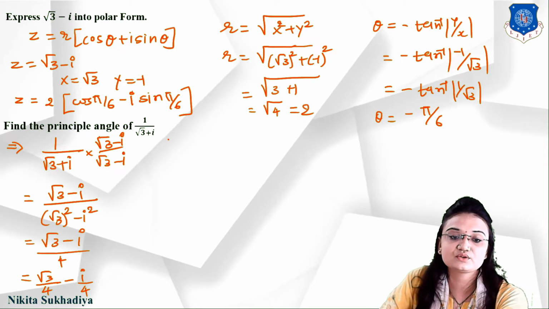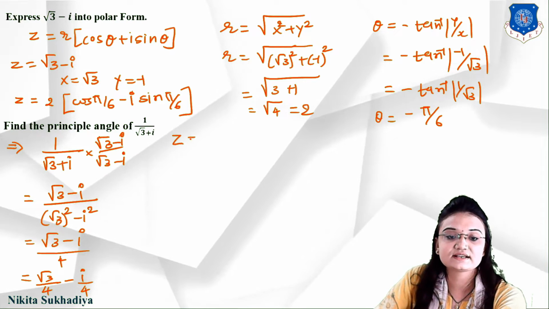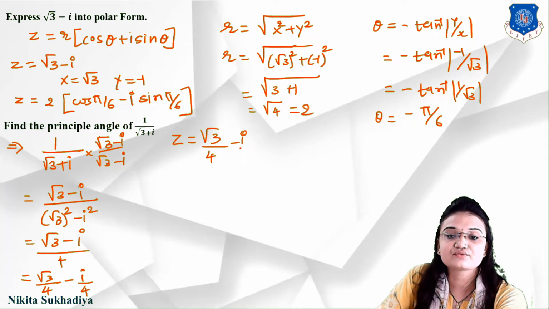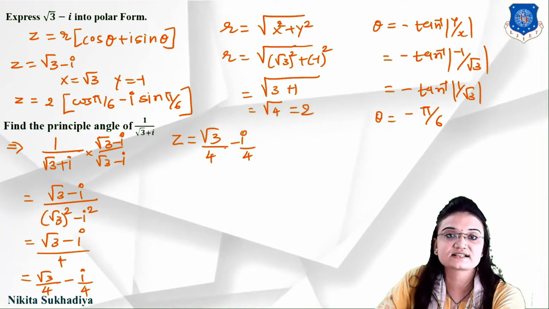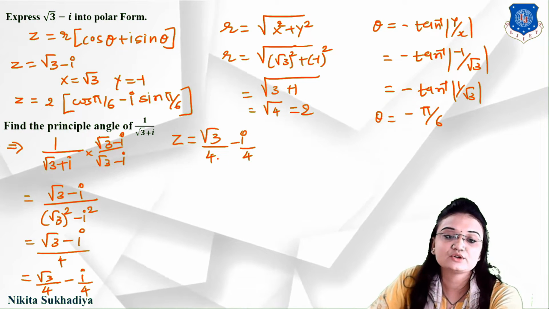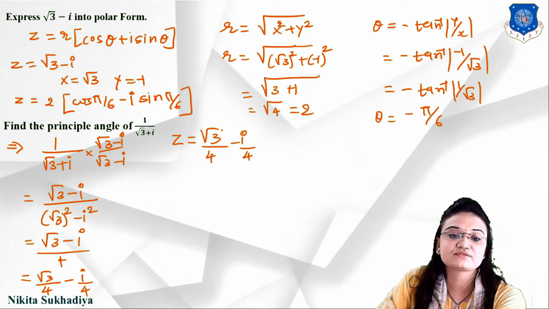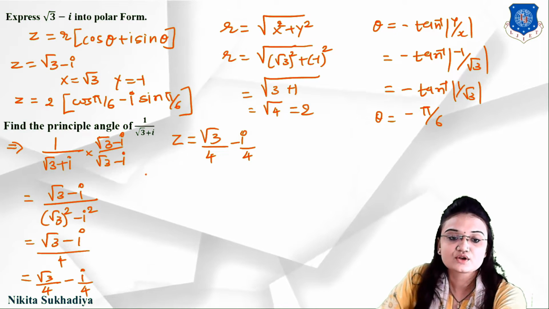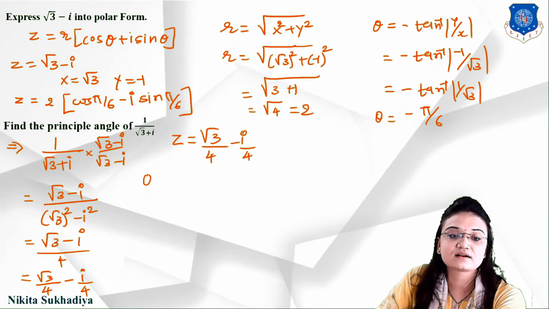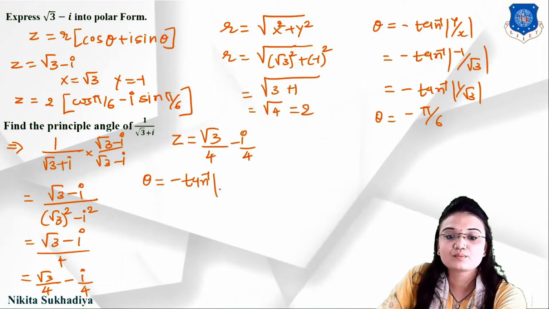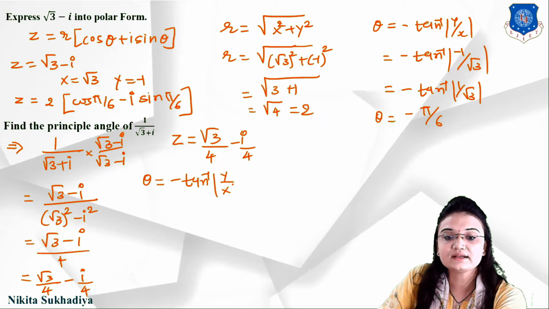Now you can clearly see that z is equal to root 3 by 4 minus i by 4. So x is equal to root 3 by 4 and y is equal to minus 1 by 4. This complex number is in the fourth quadrant, where x is positive and y is negative. So the principal angle theta is minus tan inverse of mod of y by x.